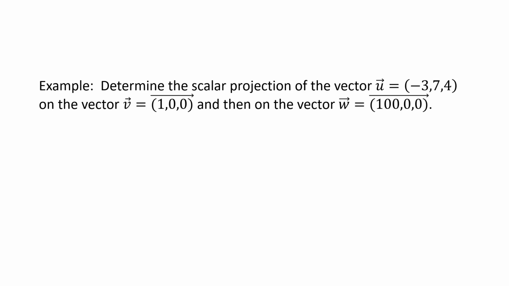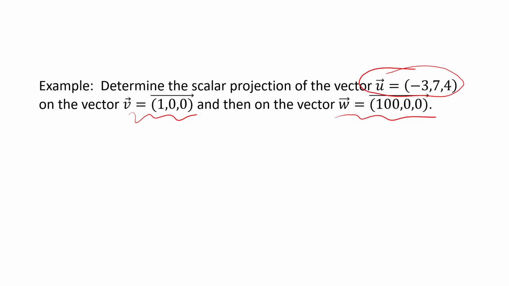So to show you that i would be a sufficient method to use to project onto the positive x-axis, what I'm going to do is project a given vector onto the vector 1, 0, 0, which is i, or the vector 100, 0, 0.